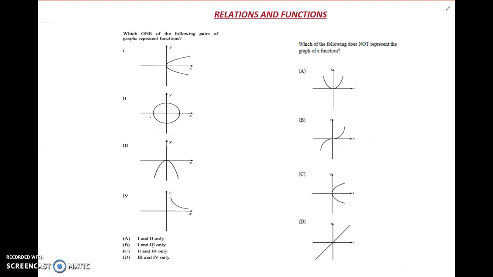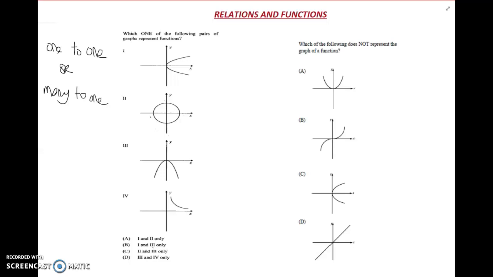So for these now, we have similar questions. Again, I always have similar questions together. On the left hand side, it says which of the following pairs of graphs represents a function. So basically, remember what a function is: 1 to 1, or many to 1. Now that is something you need to remember all the time with functions, right? 1 to 1 or many to 1.